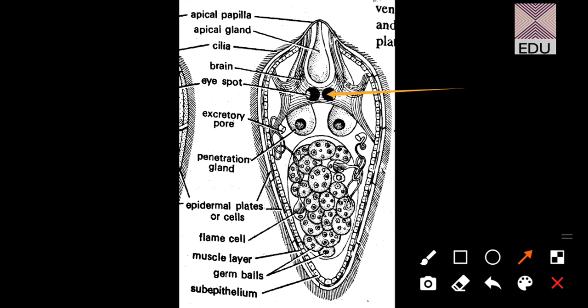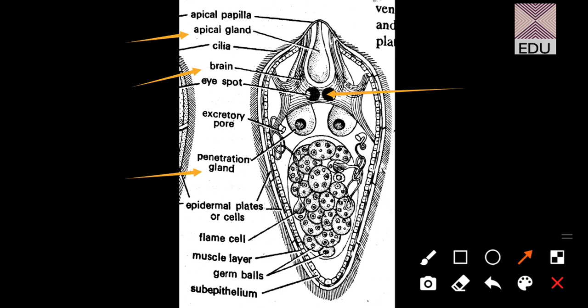Number 2, it has a brain. Here it is labeled as the brain. This is the second most important thing present in this larval form. Number 3 is the presence of the penetration gland, and here is the presence of the apical gland. These glands help in the penetration of the miracidium larva into the snail.